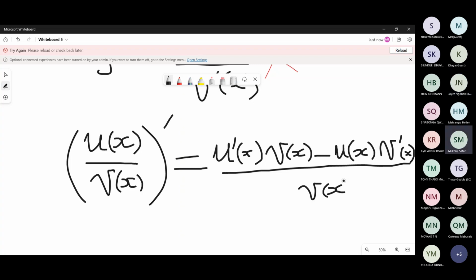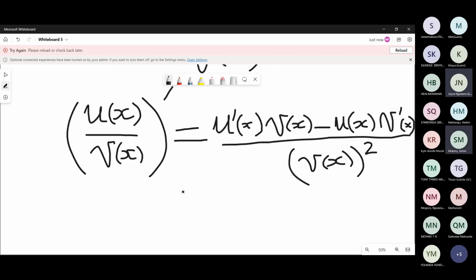This formula is very important. It can also be proven with logic. Then let's take an example.